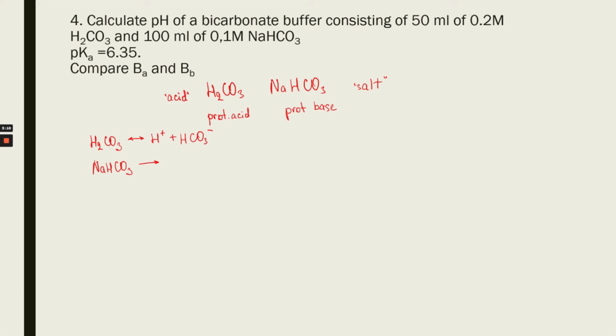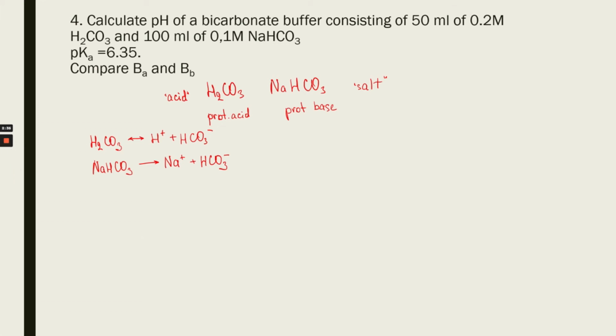I remind you that all salts are strong electrolytes. So in water solution there are no such molecules, just the sodium cation and the hydrocarbonate anion. Basically that particle, the hydrocarbonate anion, can accept a proton. We see that it's here in that equilibrium. So this is proteolytic base. This is proteolytic acid.